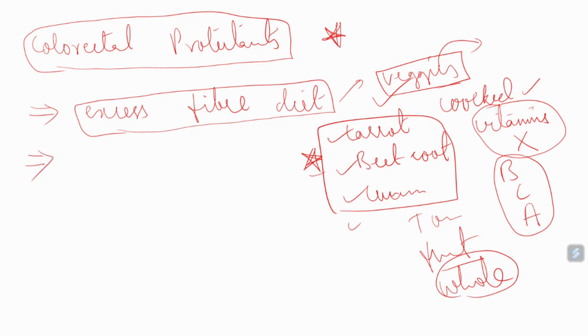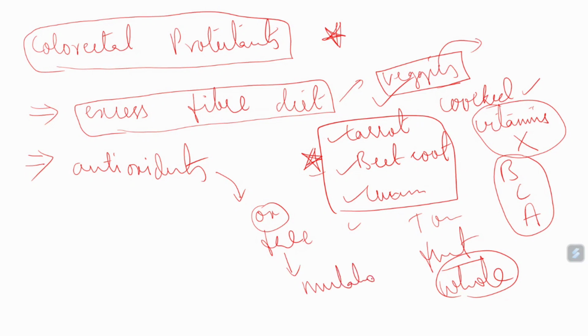Now, next, colorectal protectants, particularly antioxidants. You know, most of the cancers are caused due to oxidants or free radicals. What free oxygen radicals do is they go and cause mutation in the genes, and with that they cause carcinogenesis.